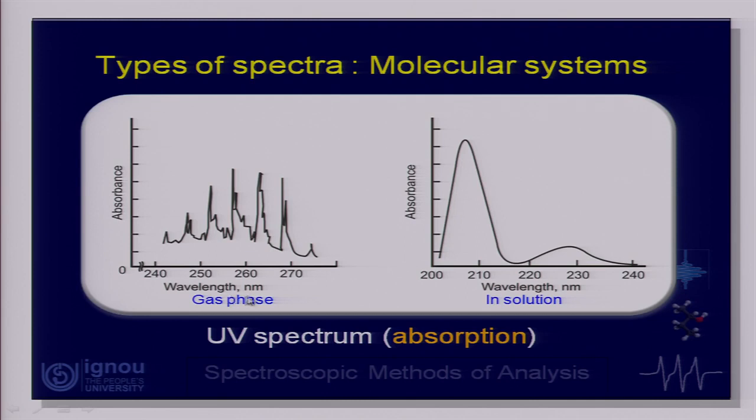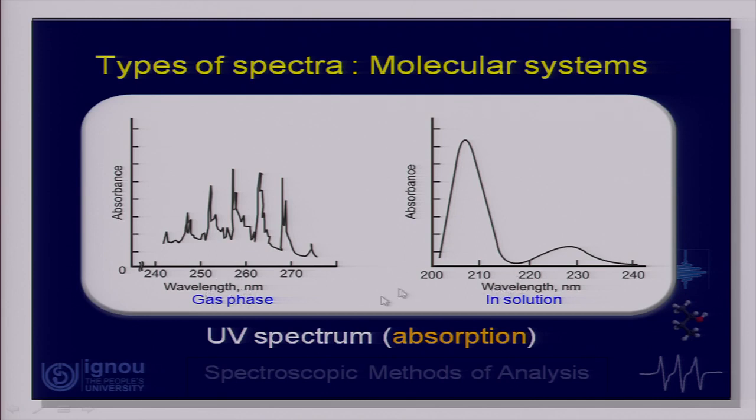Okay. Let us move further and talk about molecular systems. I will give you a glimpse of the variety of spectra we come across. Let us start with a typical UV spectrum. This is for a gas phase system, and this is for a system in solution.